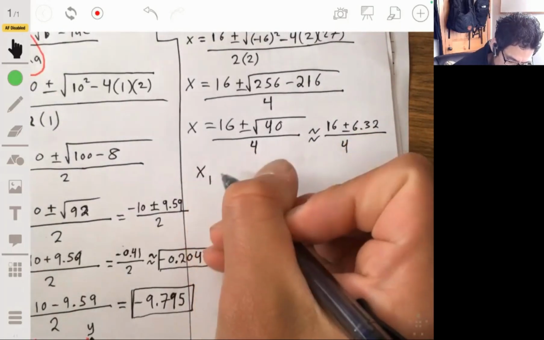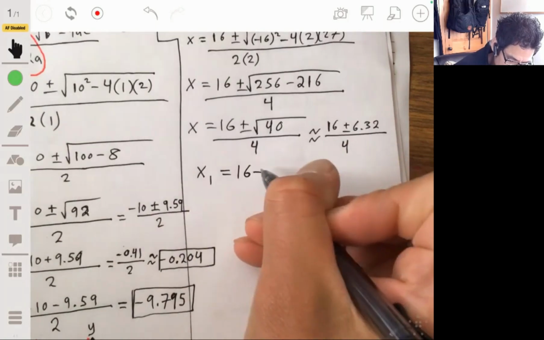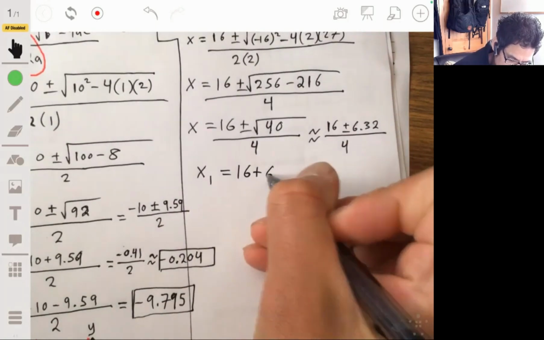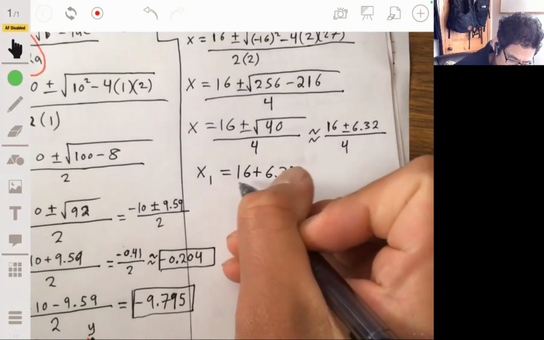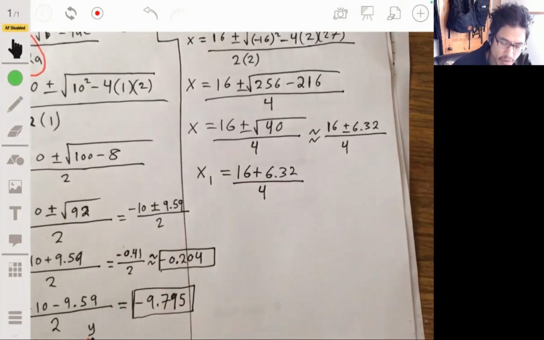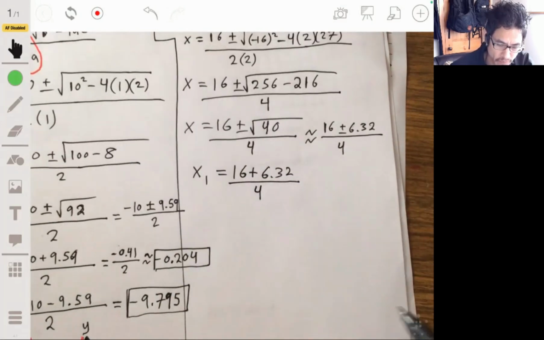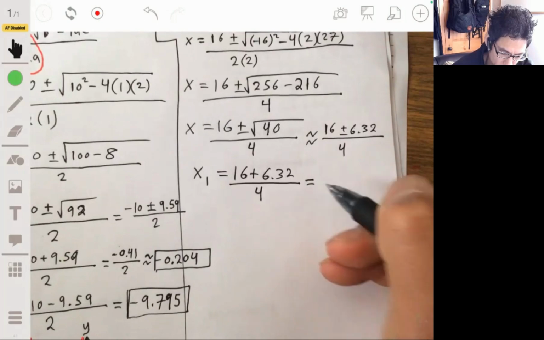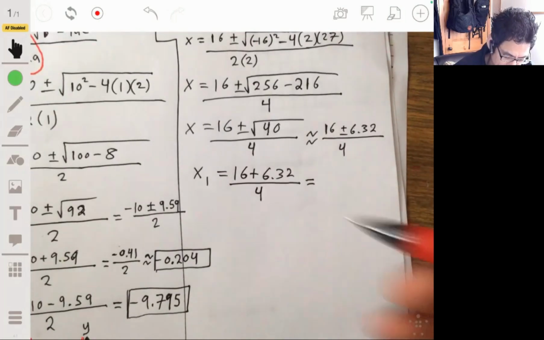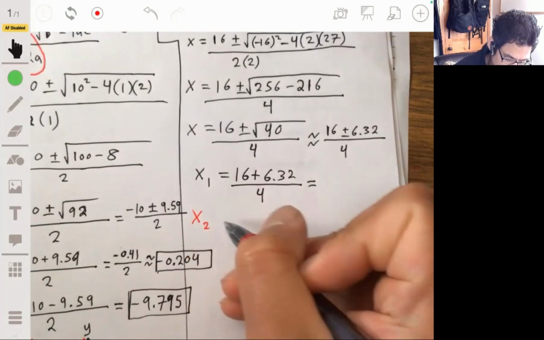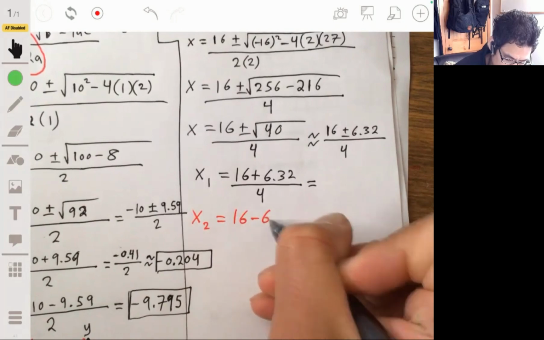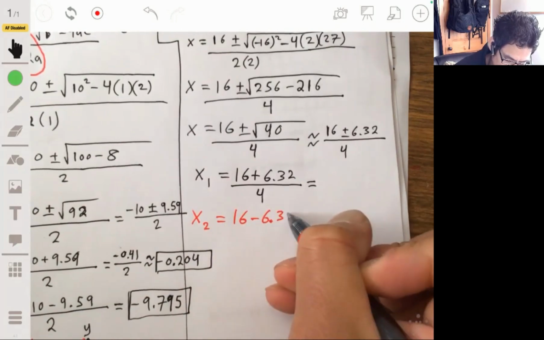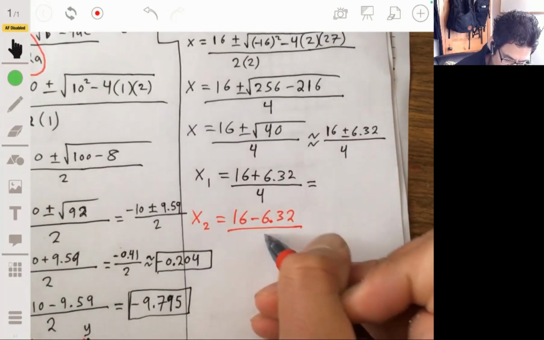So x1 will be 16 plus 6.32 over 4. And let me just set up x2 right here. x2 will be 16 minus 6.32 over 4.